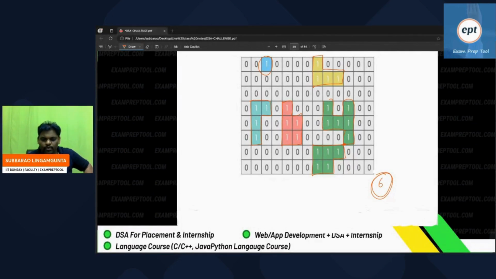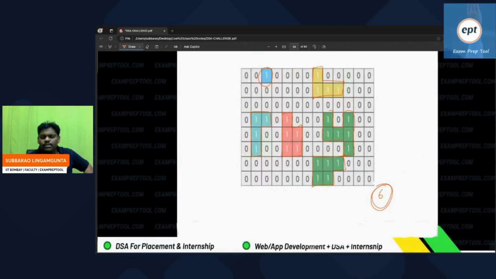Let me go here. If you observe clearly and consider it as a graph, the answer is you can apply BFS or DFS. The problem looks so scary, but actually it is BFS or DFS, finding the number of connected components.